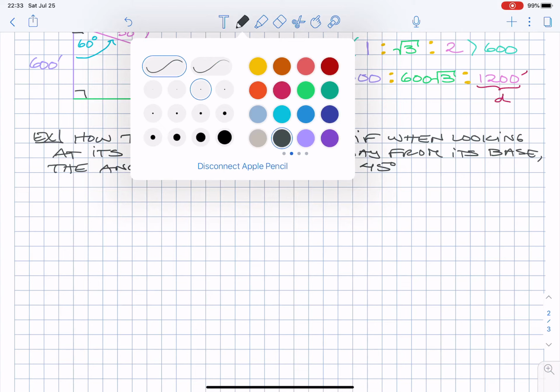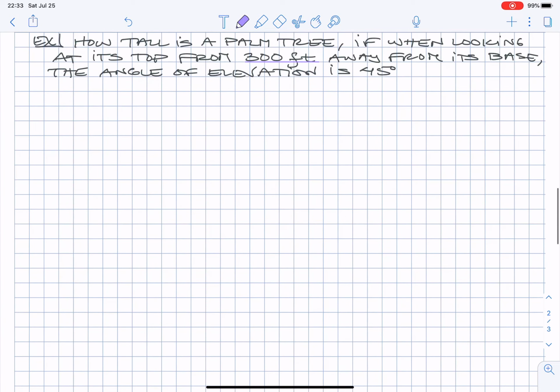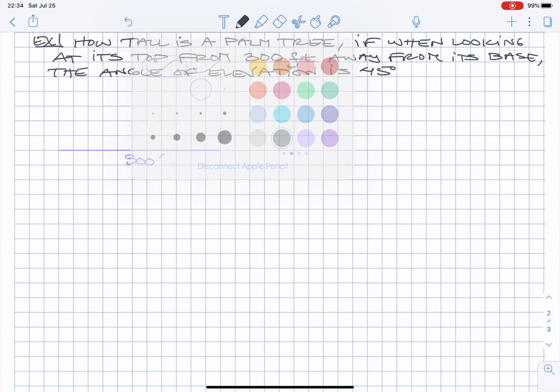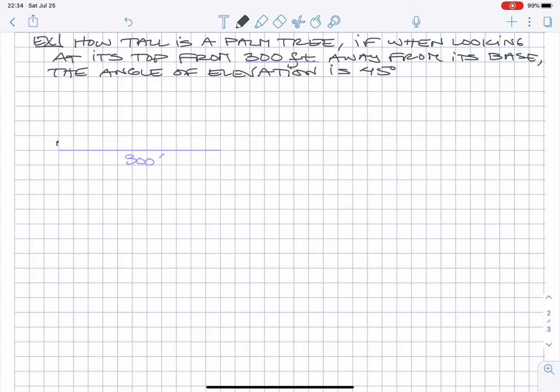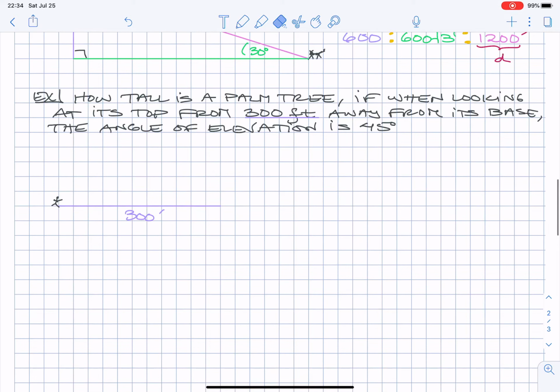Okay, so let's see what we have. We're 300 feet away. Okay, so I'm 300 feet away. This is where I'm standing. Oh, wow, do you know what? I probably shouldn't have made it that large. Just realized I don't have enough room there.